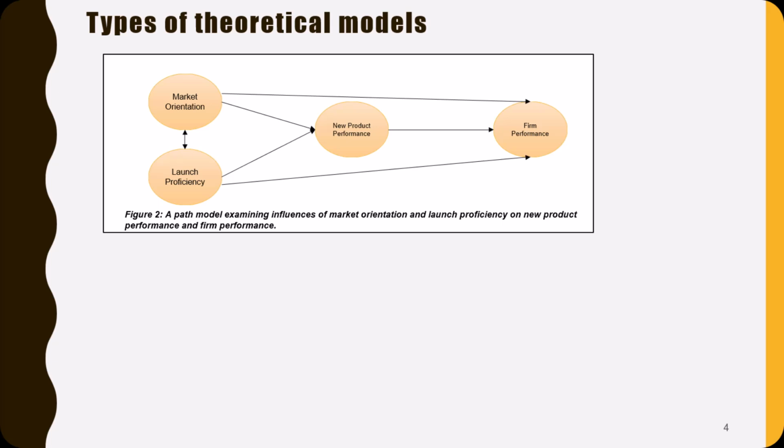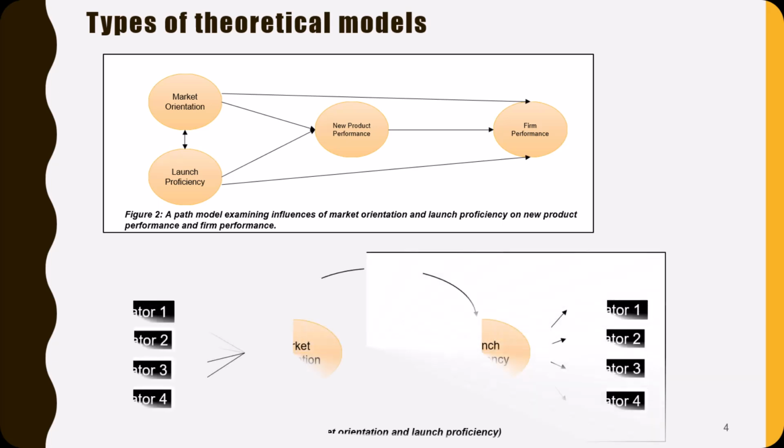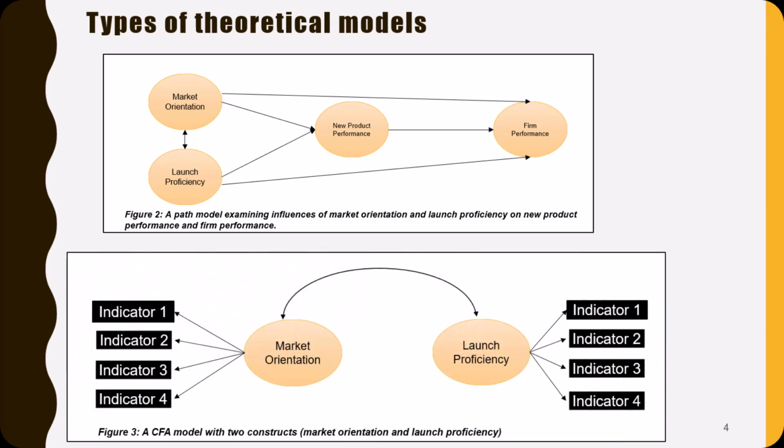For example, market orientation and launch proficiency influence new product performance, and new product performance influences firm performance. We have 4 latent constructs, and this is a path model, and we can use SEM in order to test these relationships.